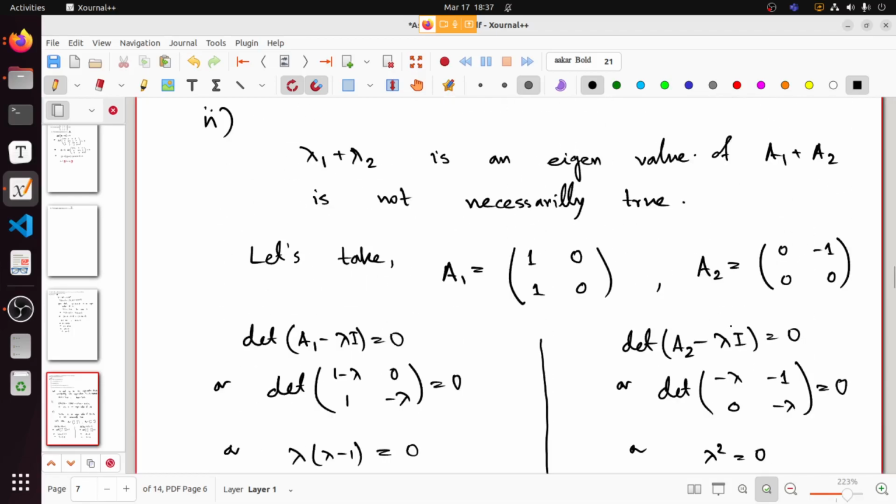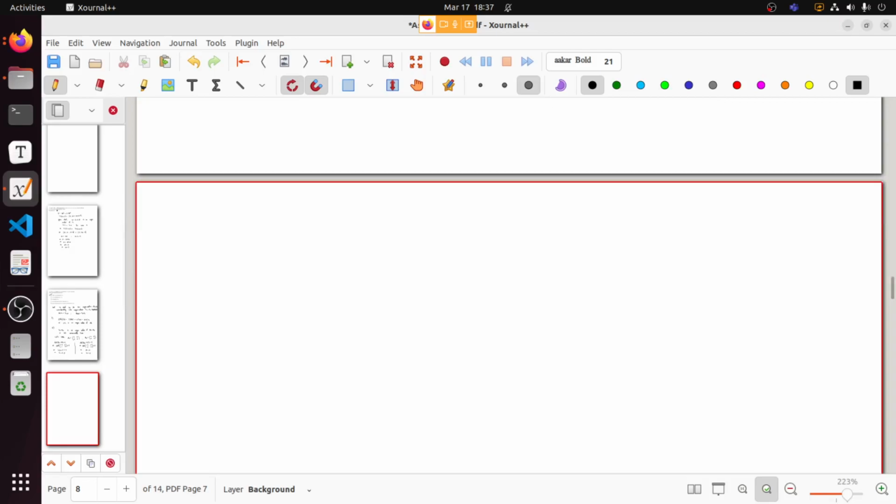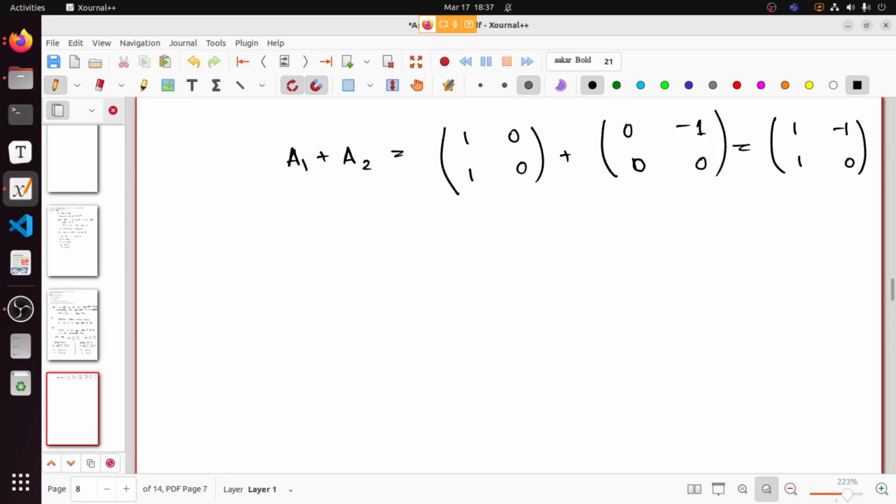Now let's check the eigenvalues of A1 plus A2. This is [1 0; 1 0] plus [0 -1; 0 0], which is [1 -1; 1 0]. So let's find the eigenvalues: the determinant of A1 plus A2 minus lambda equals 0, so [1 minus lambda, minus 1; 1, minus lambda] is 0.